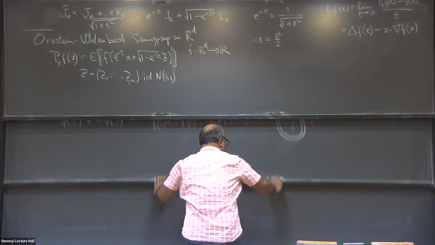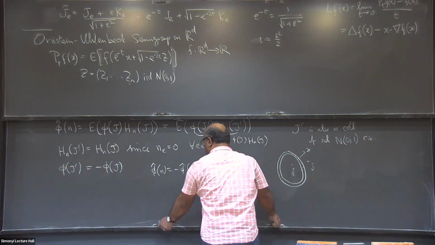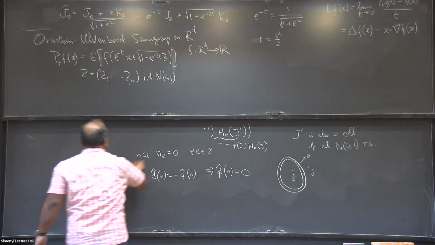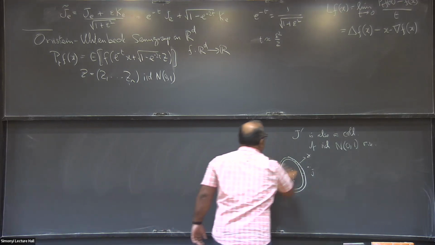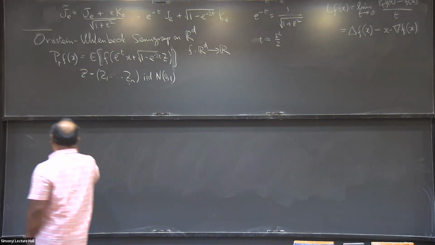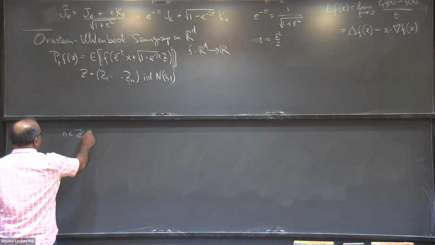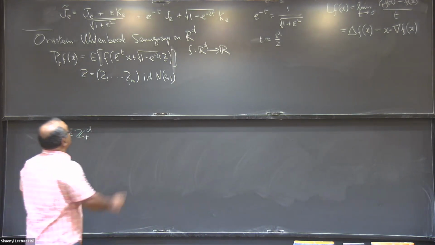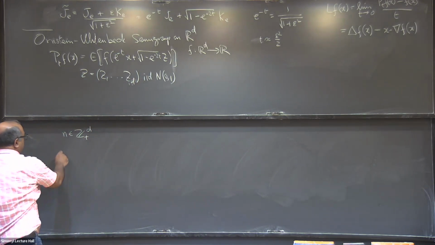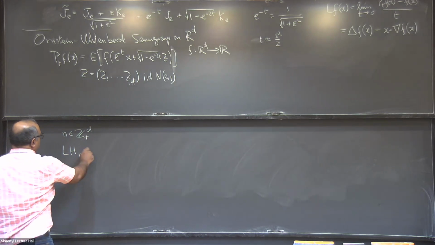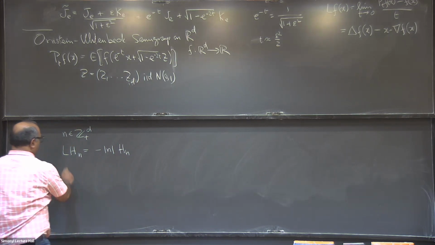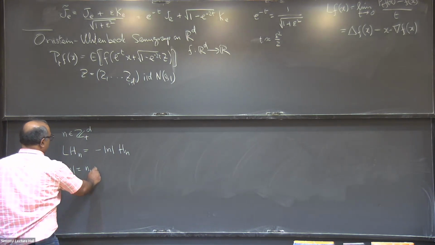And it turns out that the Hermite polynomials are eigenfunctions of this generator. So if you take any n in Z plus to the d, L of hn is minus |n| times hn, where |n| denotes the sum of the coordinates.